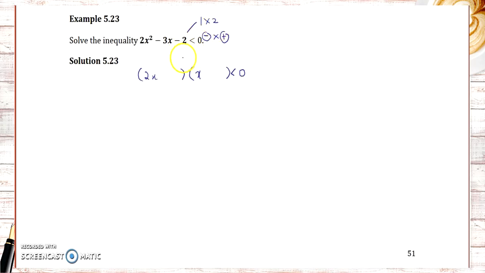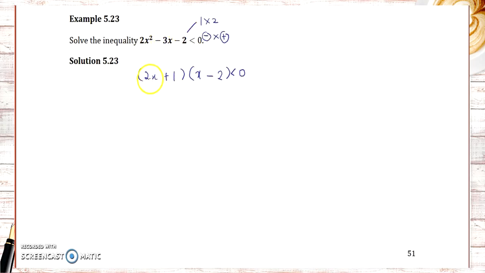Let's check. 2x times x is 2x squared. If we put 2 here and 1 here, and the sign of 2 is negative, 1 is positive, so what can we get, the same as the given inequality?